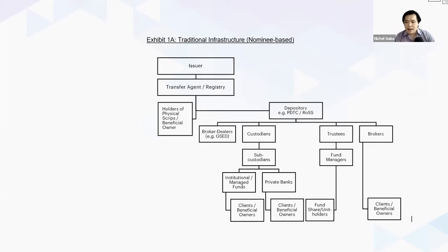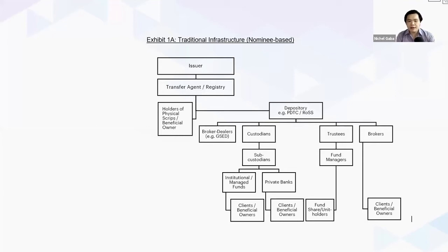A lot of times when PDAX talks about the inefficiencies of a nominee-based infrastructure, people tend to think of inefficiencies in the form of manual processes, right? Marami kasing papel, mabagal, different systems are being used, etc.